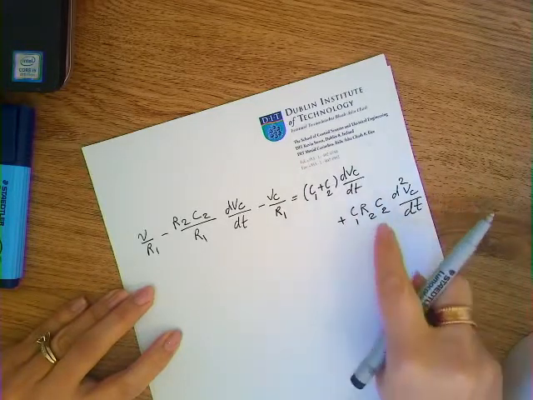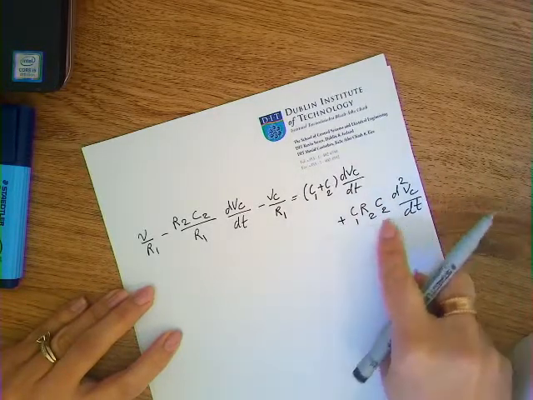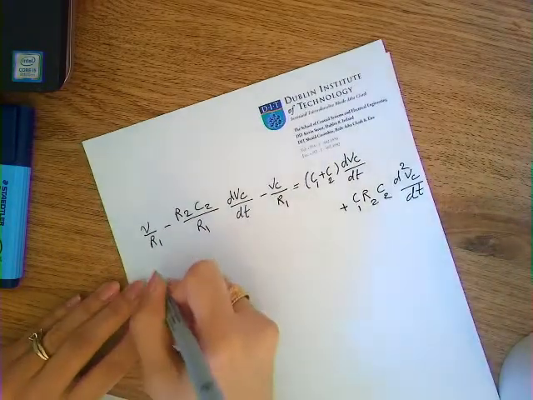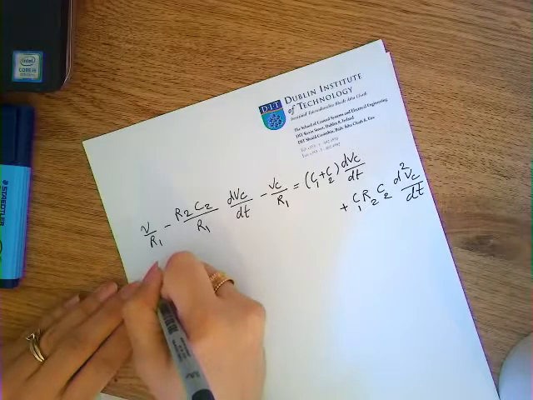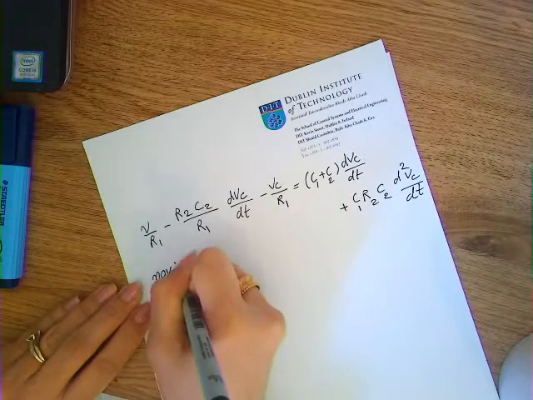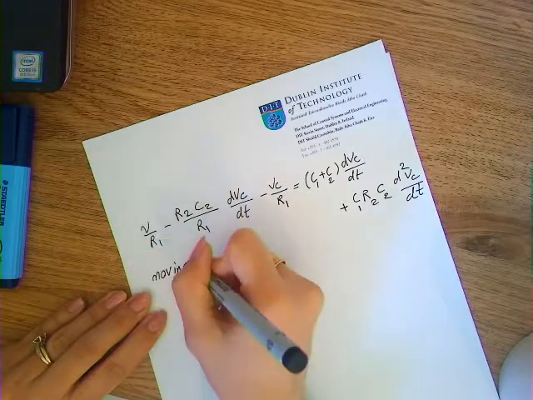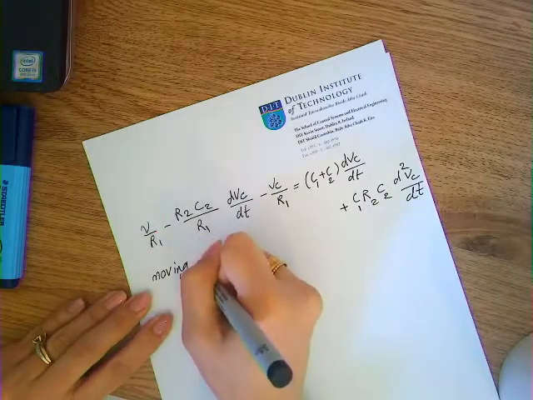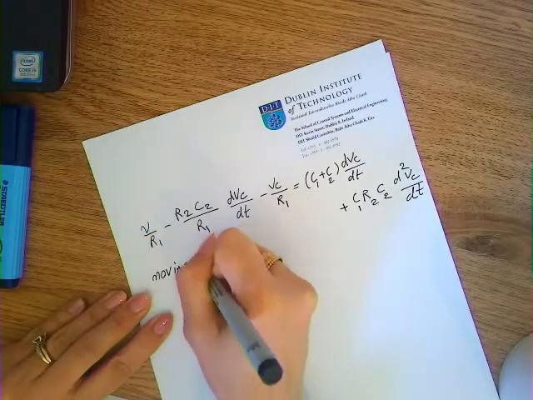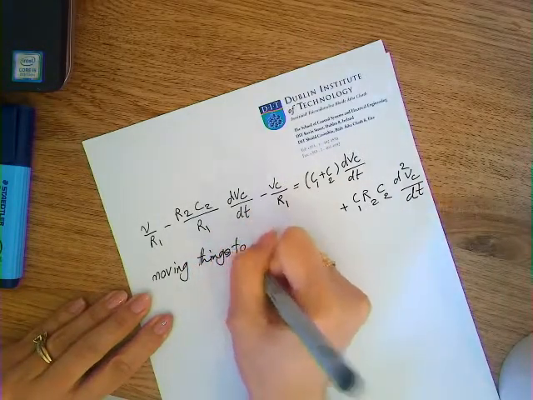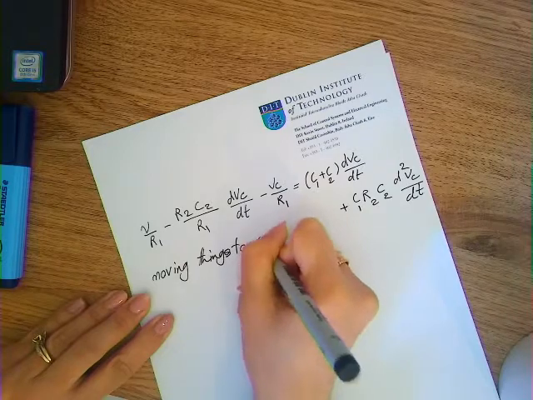So I'm going to divide everything by that term. Moving everything except V to the right side.